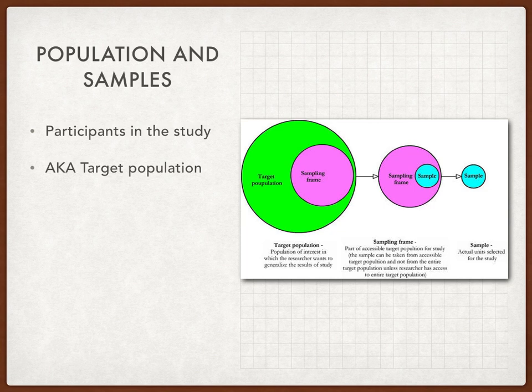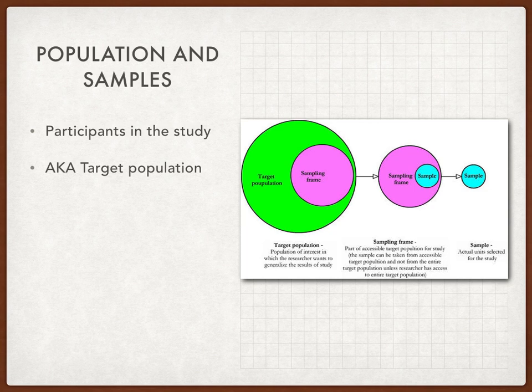Let's say, and we'll use an ACL prevention program for athletes, we can narrow that down to female college athletes. So that's our target population, female college athletes.